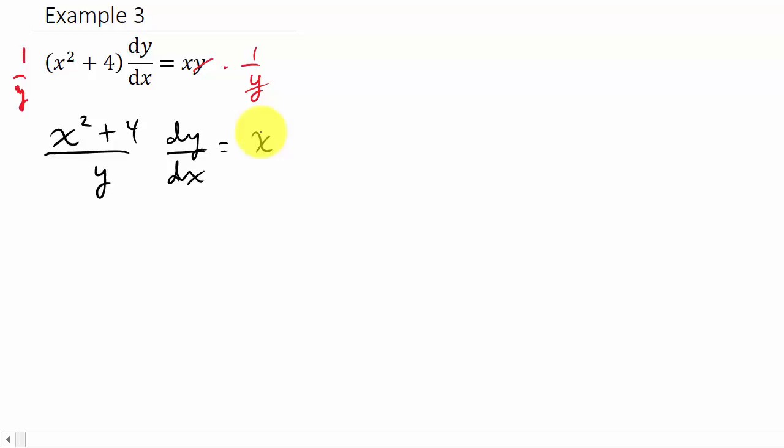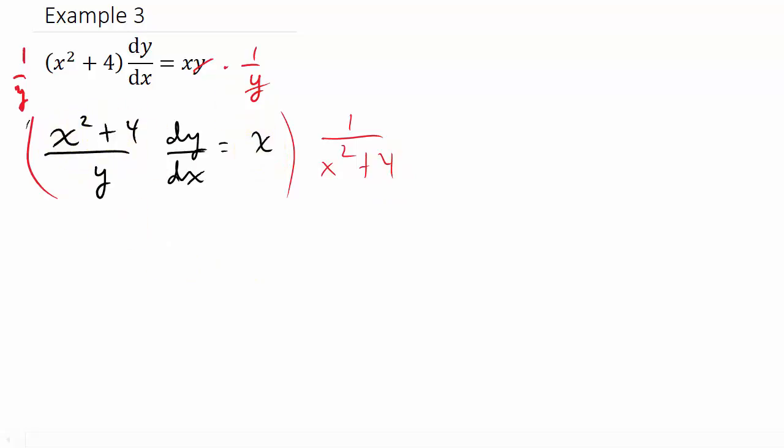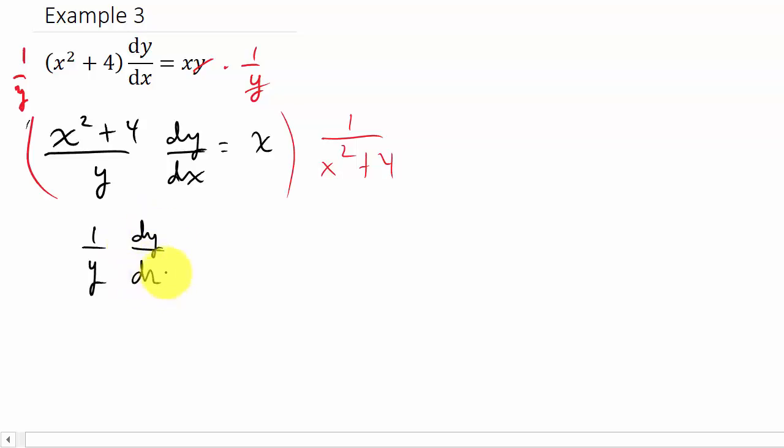Alright, and then I can multiply both sides by 1 over x squared plus 4. Okay, that'll get rid of the x squared plus 4 over here and put it over here. So that's going to give me 1 over y times dy/dx equals x over x squared plus 4.